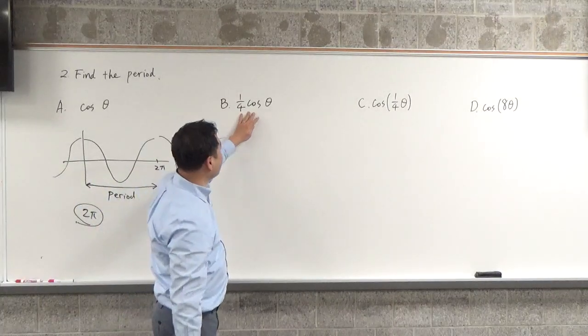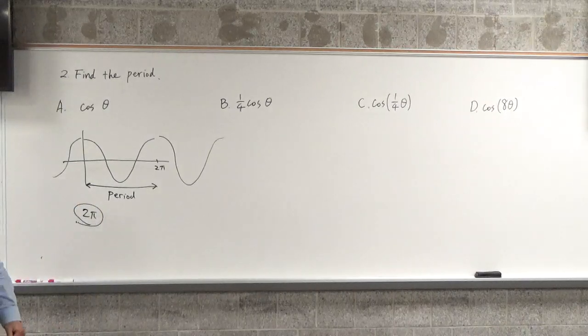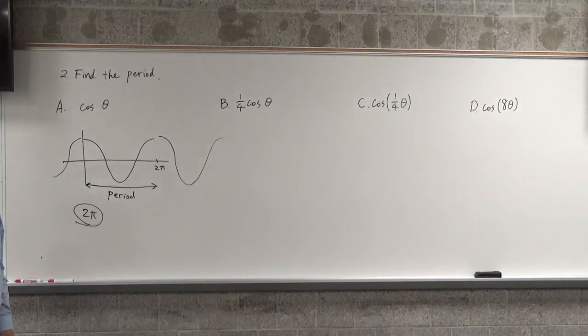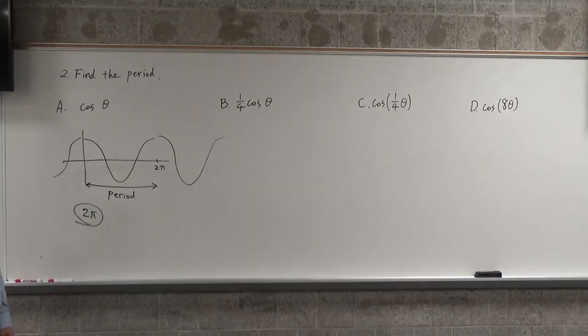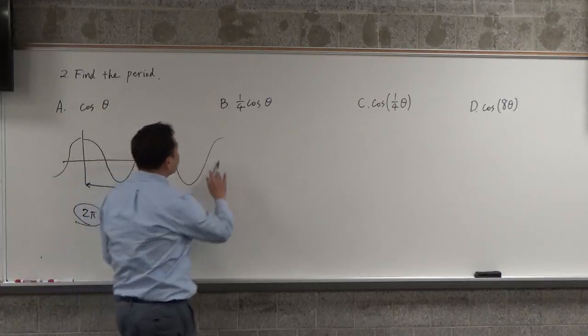Now, what about this 1/4 cosine theta? What does this 1/4 do? It shrinks in which direction? Vertically. You'll squash it in this direction, so it's still 2 pi.